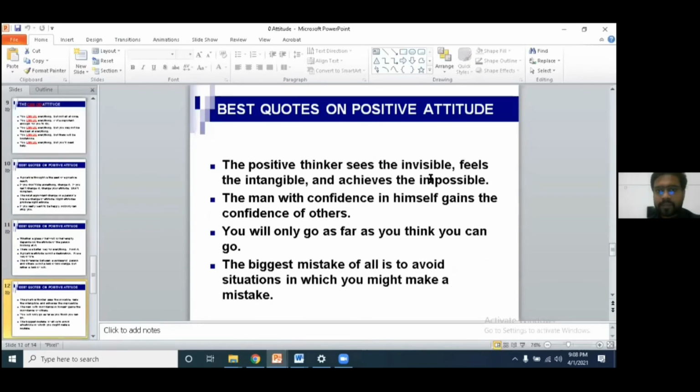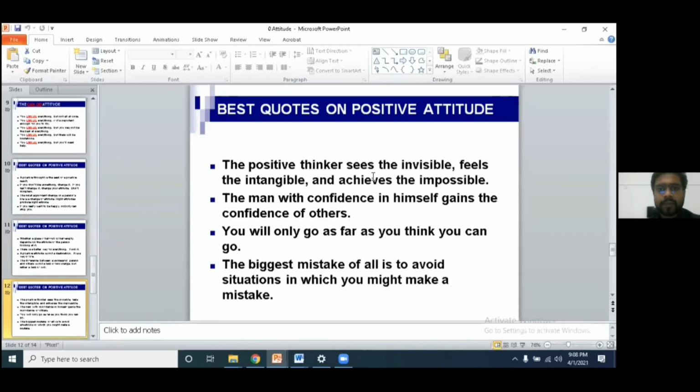A positive thinker sees the invisible, feels the intangibles, and achieves the impossible. A positive thinker always sees the invisible that everybody doesn't see. He feels the intangible that not everybody feels, and at the end of the day, he achieves the impossible goals.